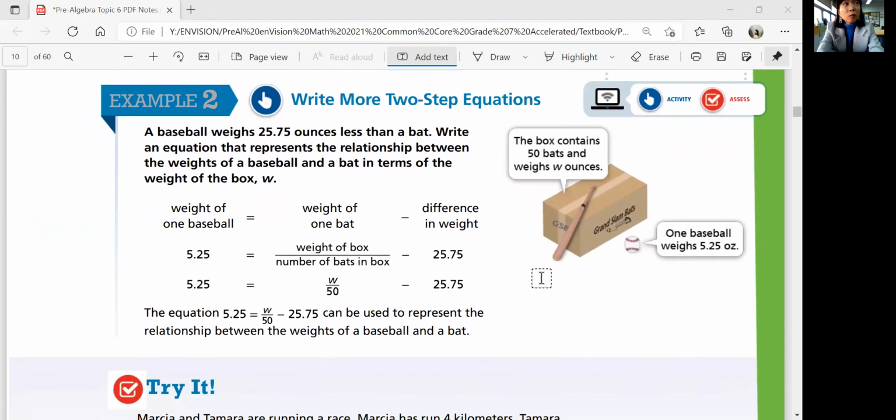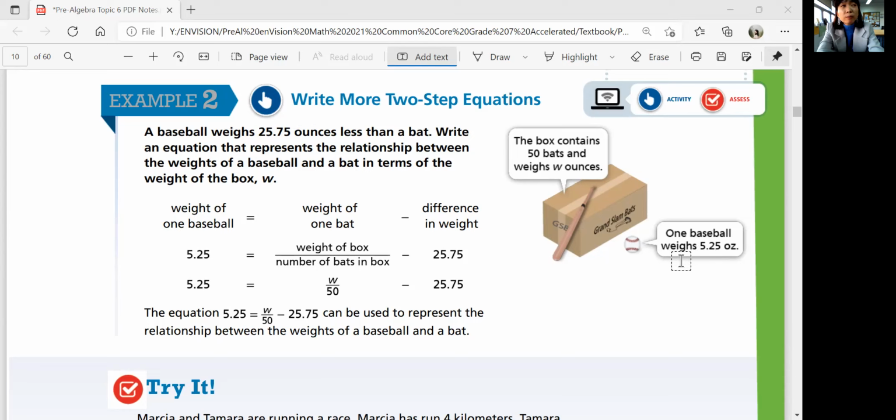Example 2. Write more two-step equations. A baseball weighs 25.75 ounces less than a bat. Write an equation that represents the relationship between the weights of a baseball and a bat in terms of the weight of the box, W. In terms of the weight of the box, W is the important phrase. Okay, so the weight of one baseball is already given, 5.25, right?